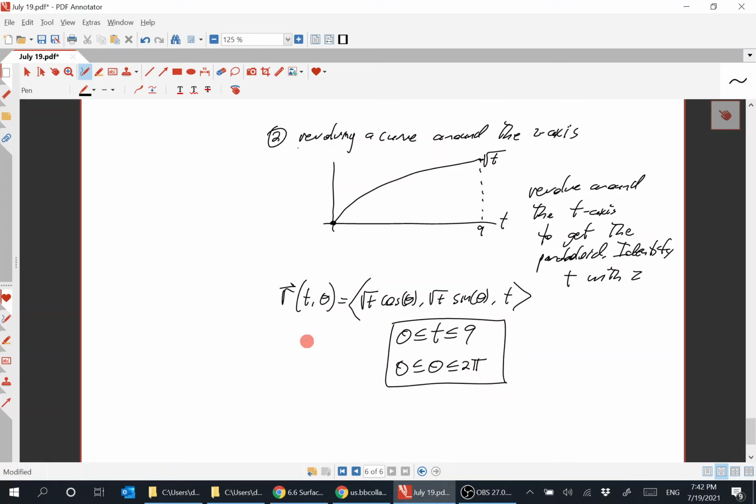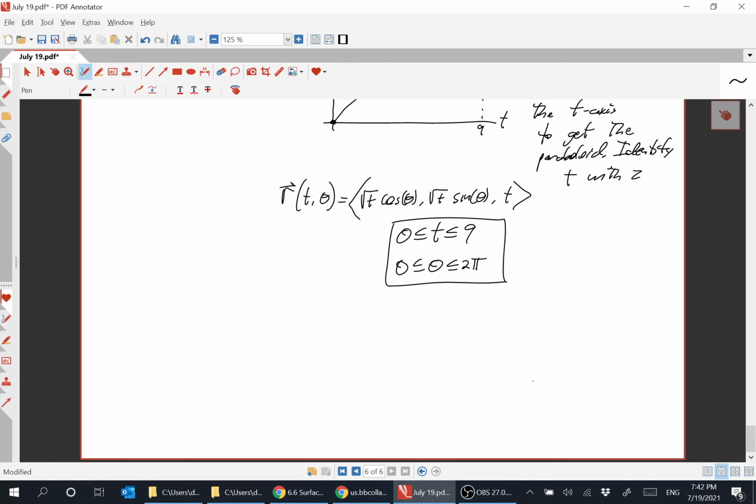All right, so that's the second parameterization that you could use. So two different parameterizations. Sometimes one parameterization, the calculation might work out a little more easily. So it's 274. Next problem, 276.